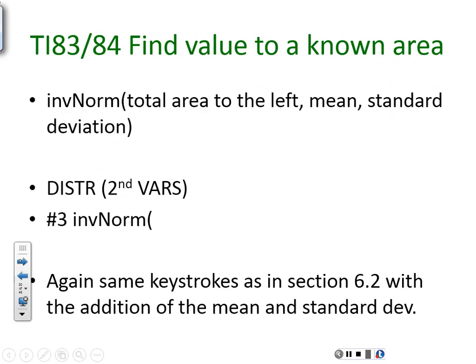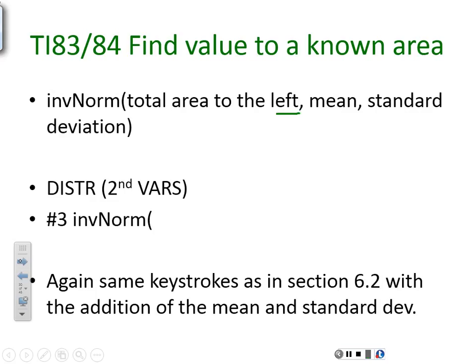We'll skip that one because I want to show you how to use the calculator. Inverse normal works with your standard normal distribution, and it also works whenever you're converting and the mean is not 0 or the standard deviation is not 1. You're going to use that same inverse normal, from the second distribution, the third one down. Do your area to the left, and make sure it is always the area to the left.